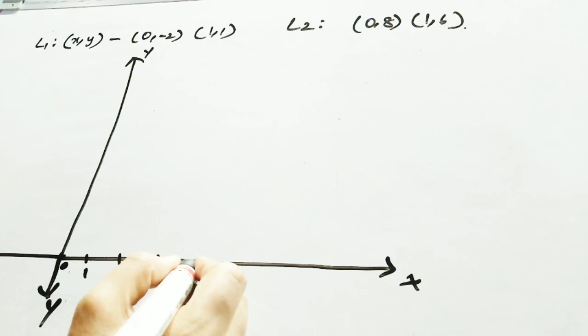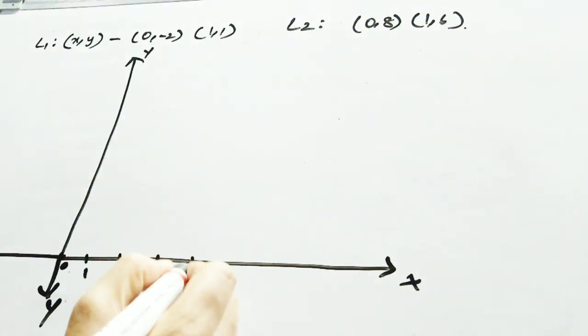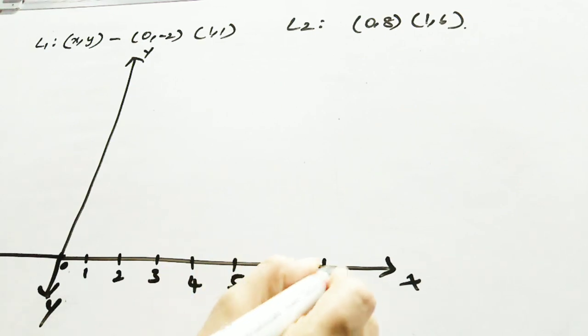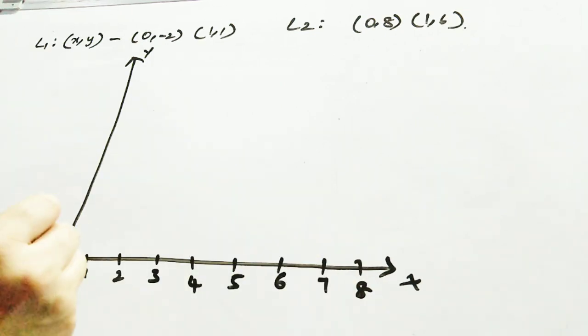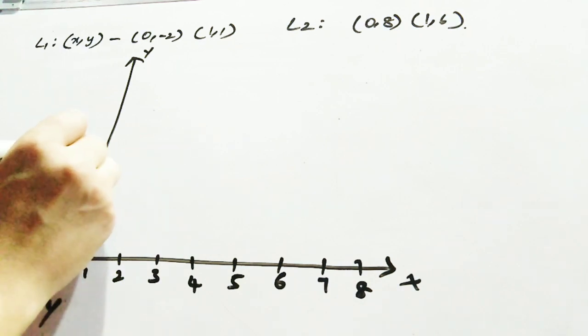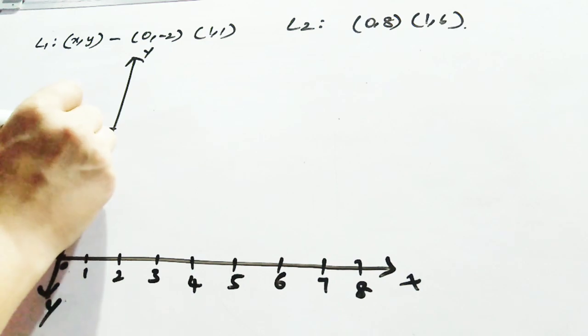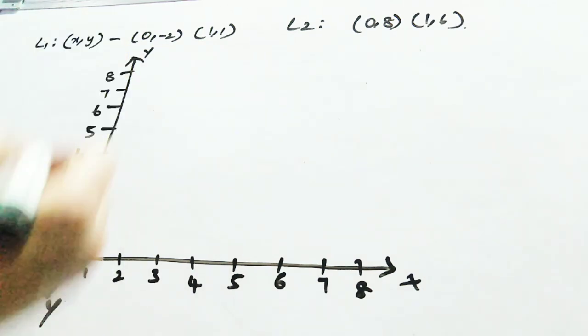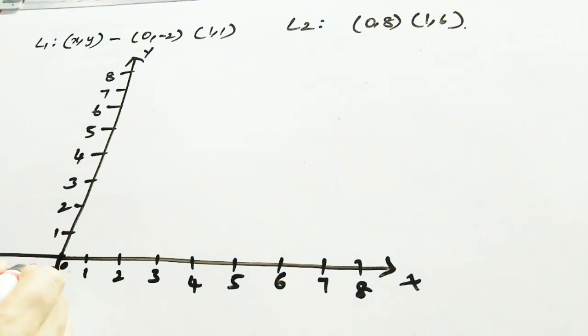You can take up to 1, 2, 3, 4, 5, 6, 7, 8. It's minus 1 also.